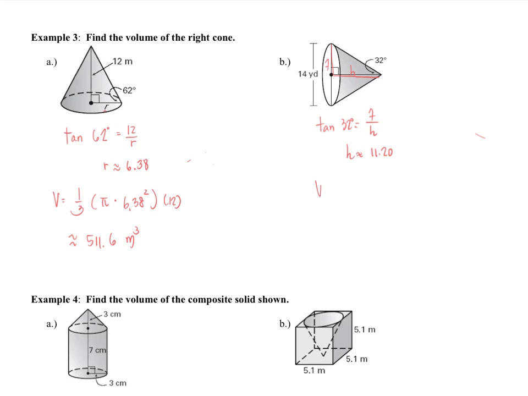And the volume will be 1/3 times pi, radius of 7, so 7 squared, times 11.20 as your height. So this should be about 574.70 cubic yards.